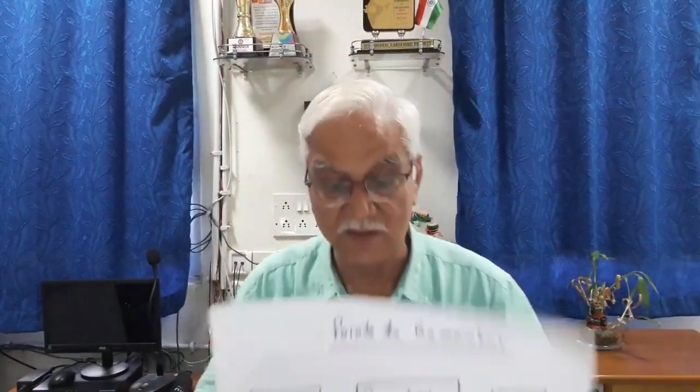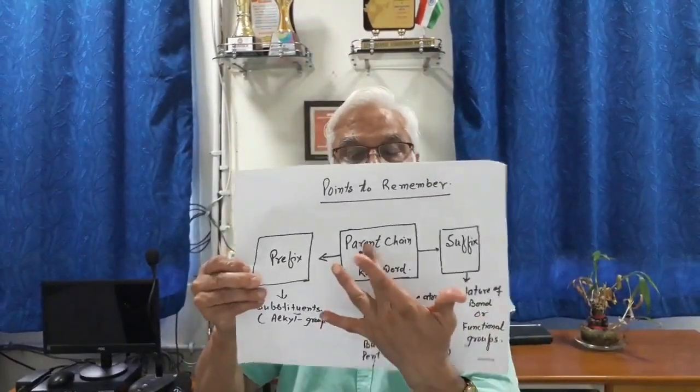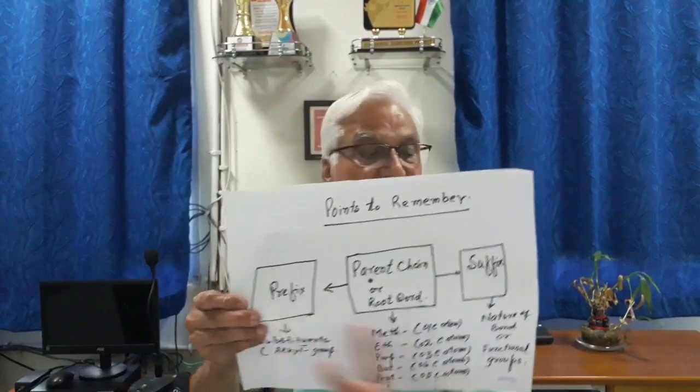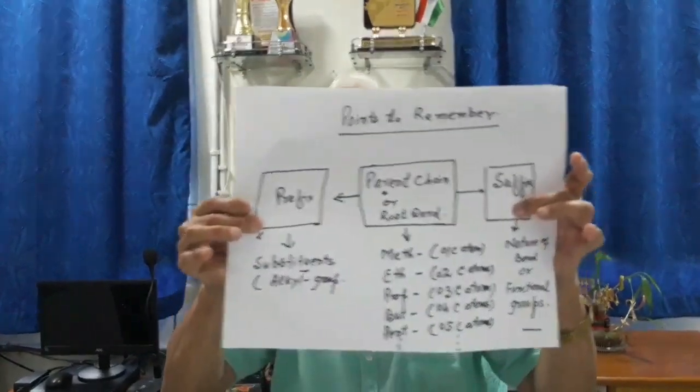The central part is the parent, the prefix is the side chain, and the suffix is the functional group. Okay, I'll go to the board and come back.